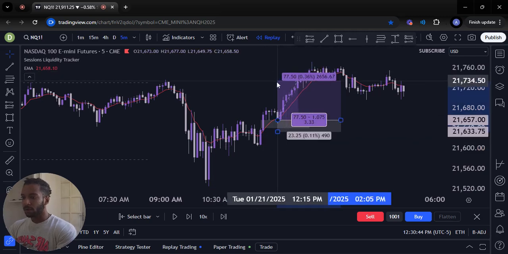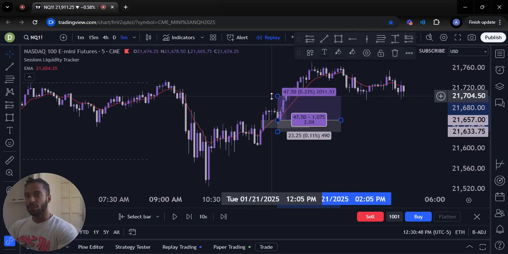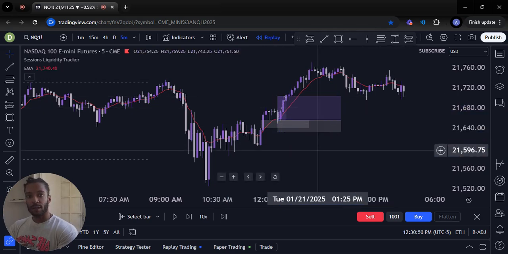Now, many people will say take a 1-to-2 risk reward, 1-to-1, 1-to-2, 1-to-3, which is fine. But what if we're extremely bullish and we're riding the trend? There's no reason to get out of the trend just because we reached our 1-to-2, 1-to-3 if the market's going to give us more. This is a mistake that a lot of traders make.